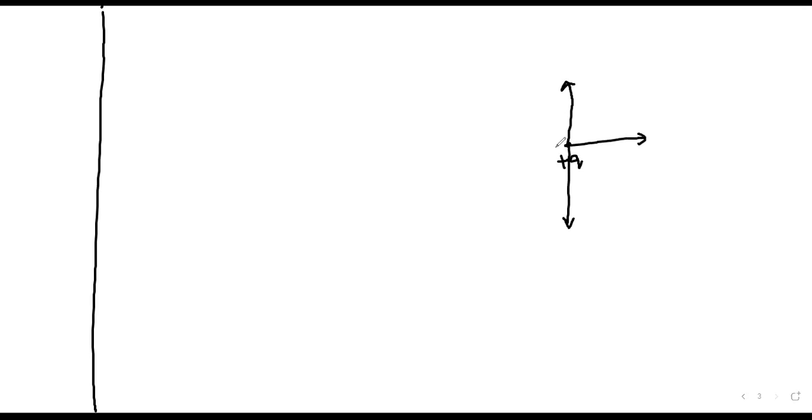Let us consider a point charge. Suppose I am having the plus Q, it is distributing its charge outwards. That's why for every conductor, the positive charge lies on the outside surface. You can see the locus of distribution of the charge in all the directions.